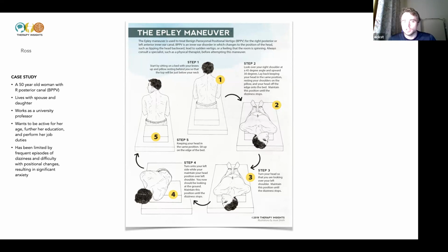And so this is a nice resource that Troy made where it goes through the different positions that you go through for right posterior canal BPPV. And it's also useful as a handout that you can send home with them. Sometimes patients do need to repeat this at home as part of a home program as well.